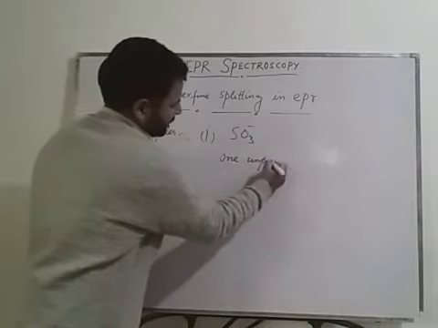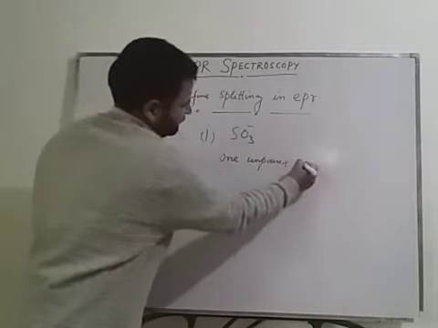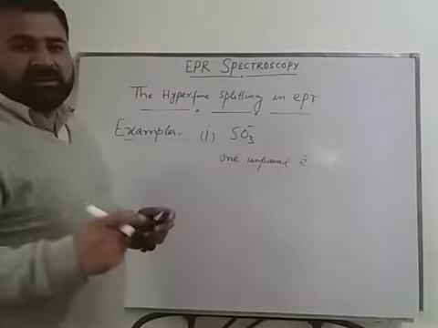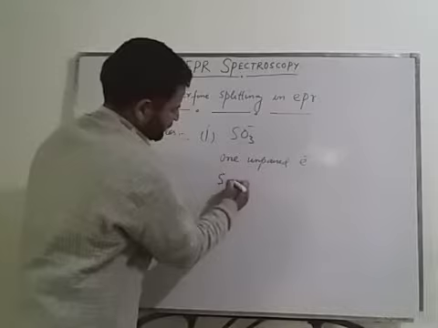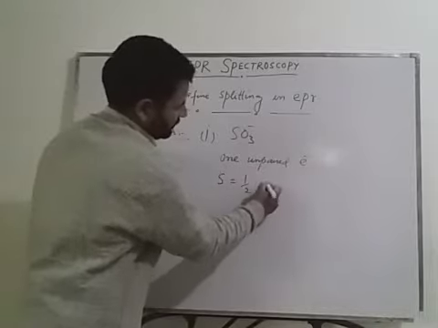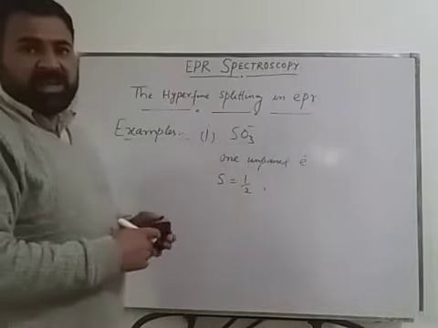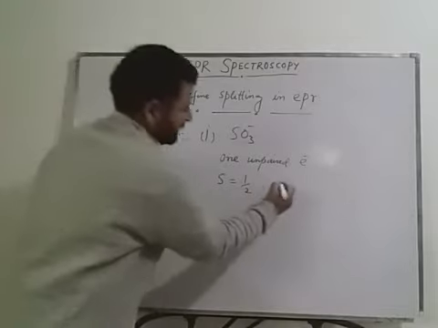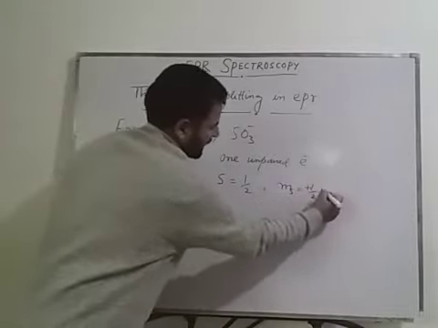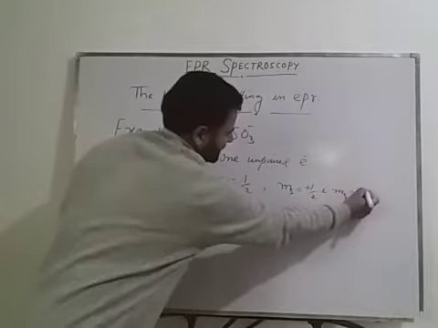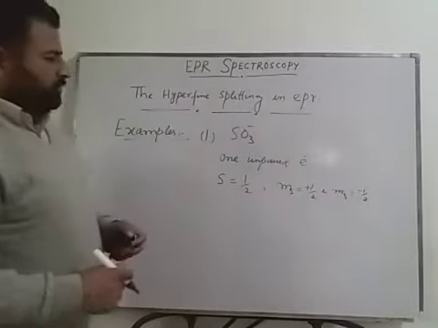So the electron will have spin S equal to 1/2, and its spin angular momentum quantum numbers will be ms equal to plus 1/2 and ms equal to minus 1/2.